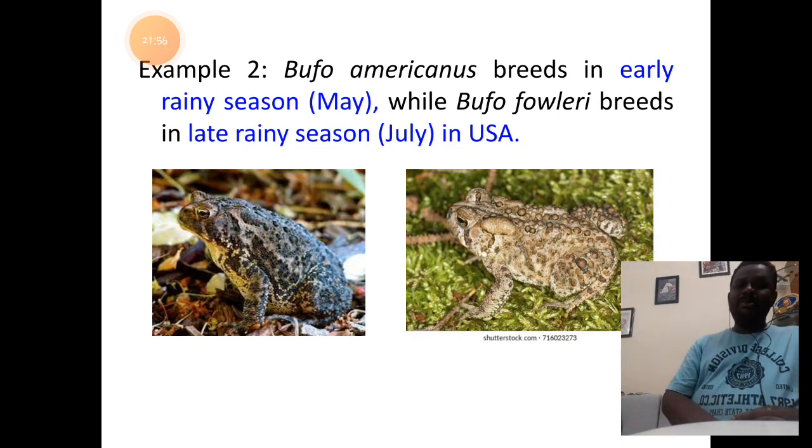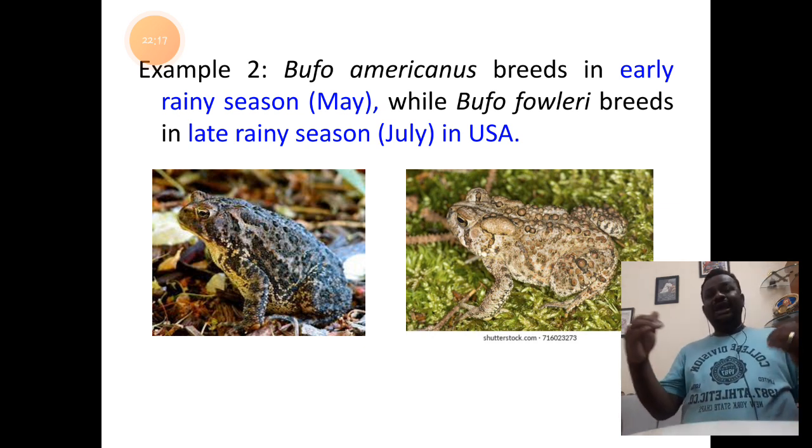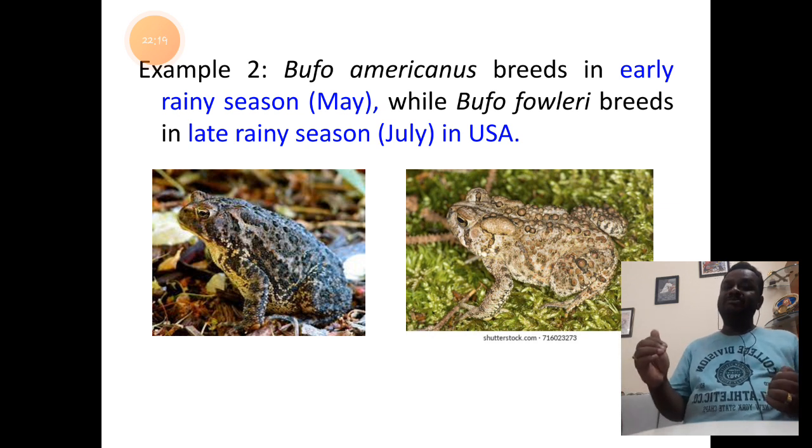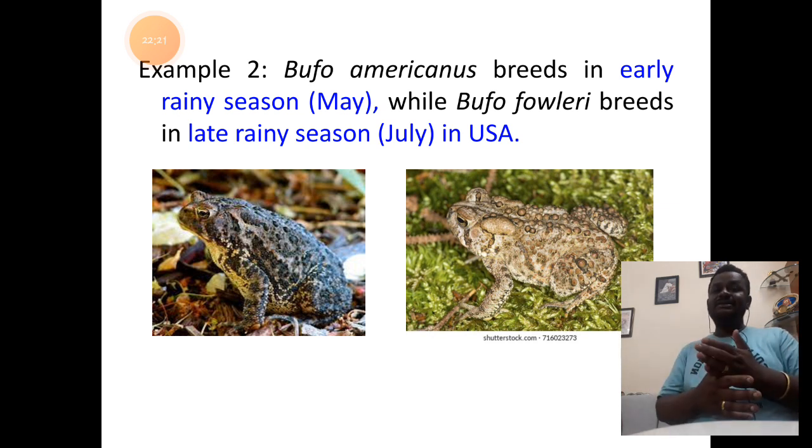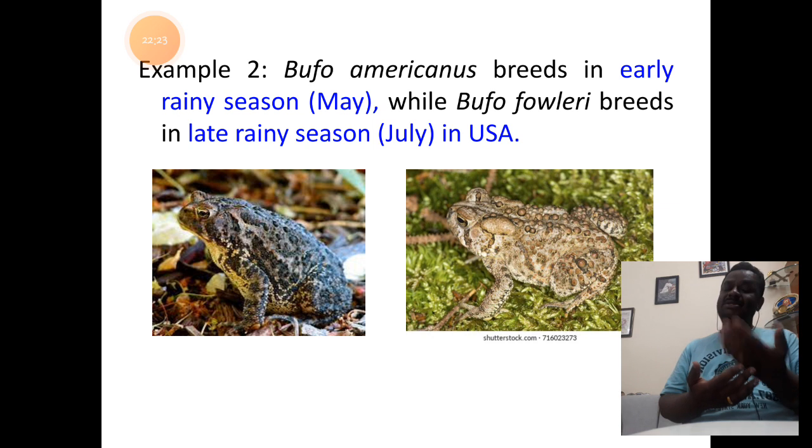The second example is Bufo americanus. Bufo americanus breeds during the rainy season, that is May in the USA, whereas Bufo fowleri breeds during the rainy season of July. So they have two different breeding times: the early rainy season is americanus and the late rainy season is fowleri.